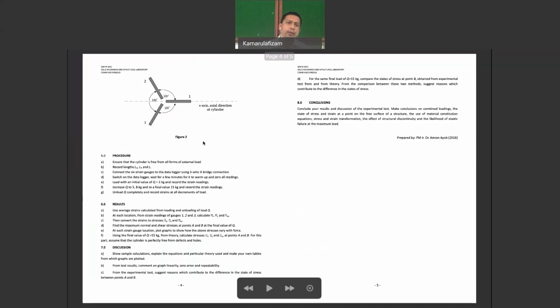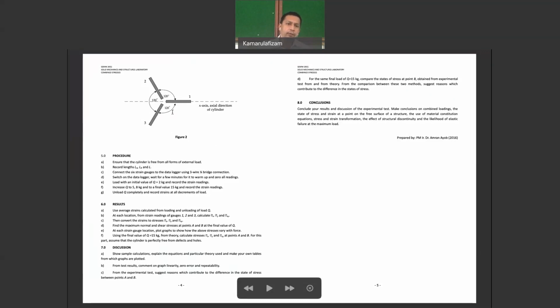For that particular cylinder, we installed the sensors at three different positions on the surface of the cylinder, displaced by 120-degree angular displacement.